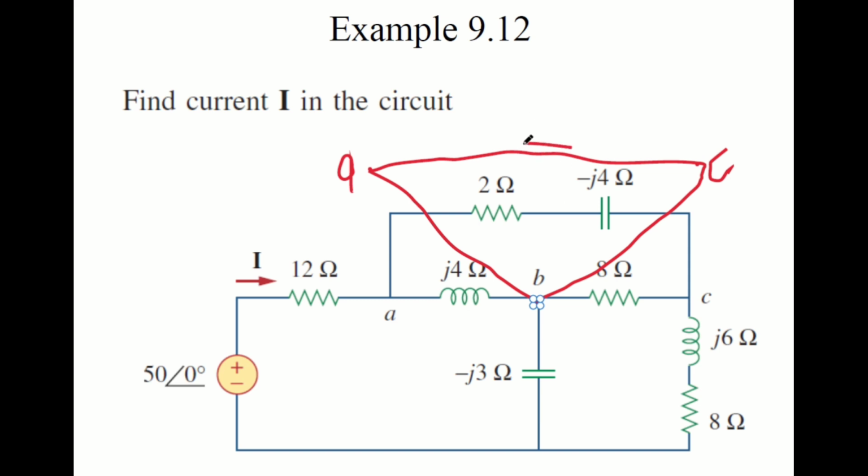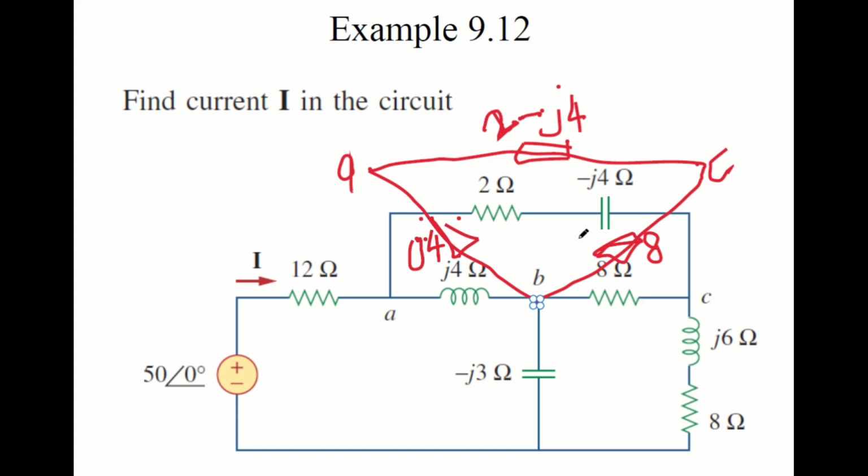The element at this part here is basically 2 minus j4 ohm, and over here we have another element, j4, which is this, and over here is 8, which is this one.